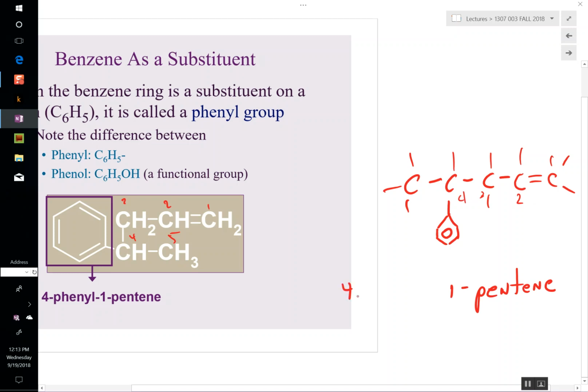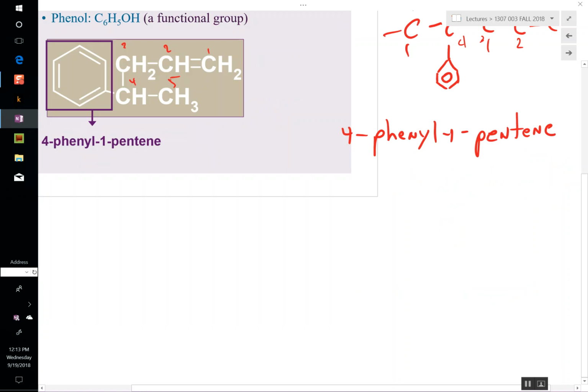We don't call it benzyl, we call it phenyl. So 4-phenyl-1-pentene. Just keep in mind that this thing right here with a place to bond to a chain is a phenyl.